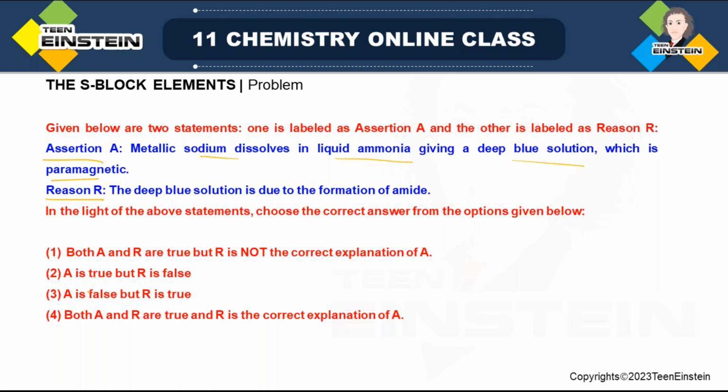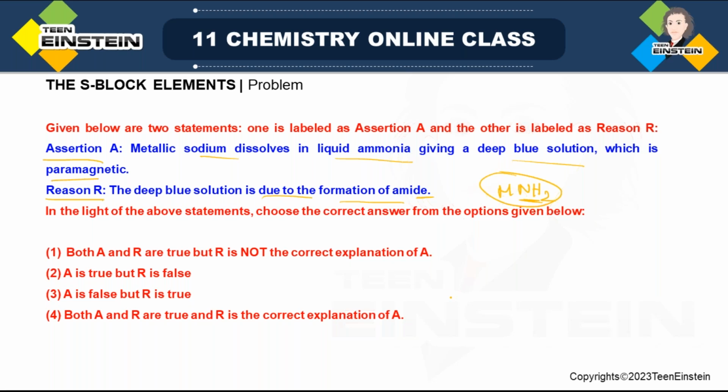Now second statement is saying in the reason, the deep blue solution, what is its reason? It is saying that it is because of formation of amide. Remember, amide general formula is MNH2, that is M plus NH2 minus. So this NH2 is coming from ammonia by loss of one hydrogen. It is formed, that is true, but is this the reason for the blue solution?